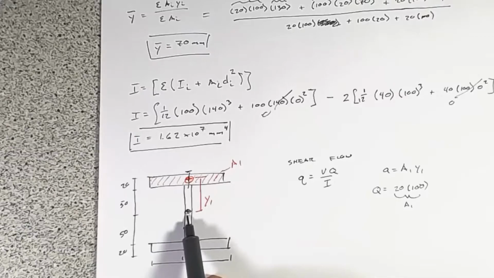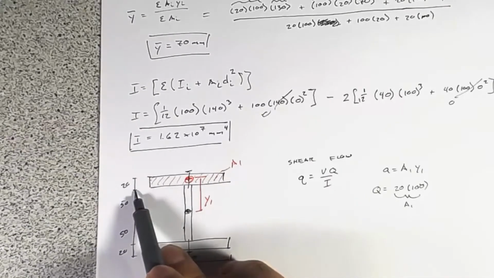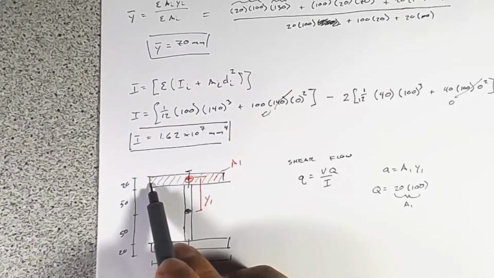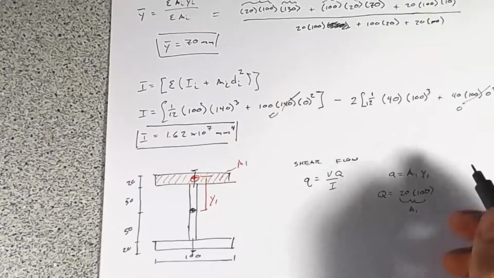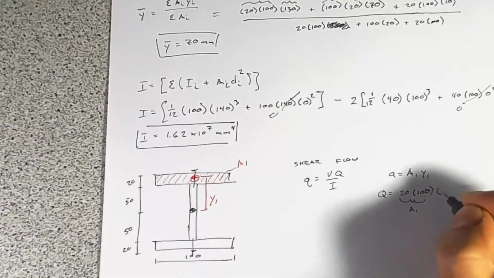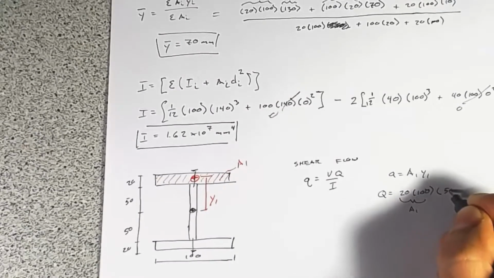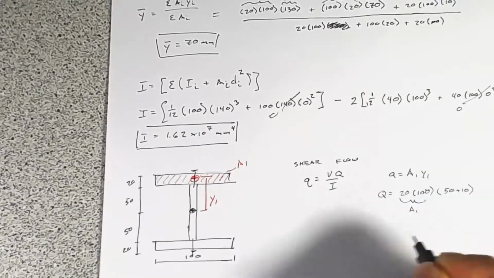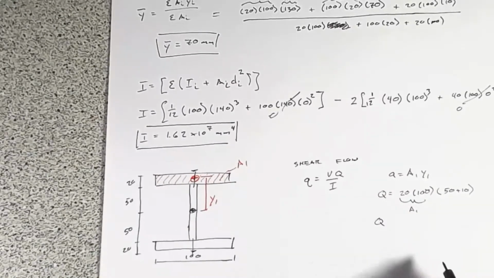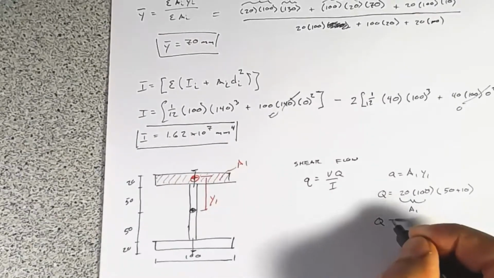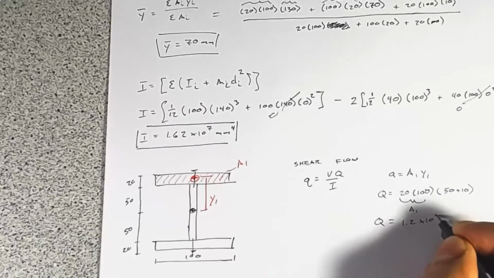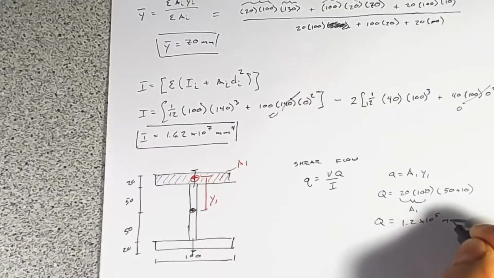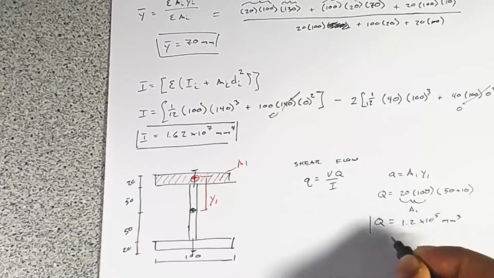And Y1 is just going to be 50 millimeters plus 10 millimeters, since the centroid of A1 is right in the middle there. So we'll just call that 50 plus 10. So Q equals 1.2 times 10 to the 5th millimeters cubed.